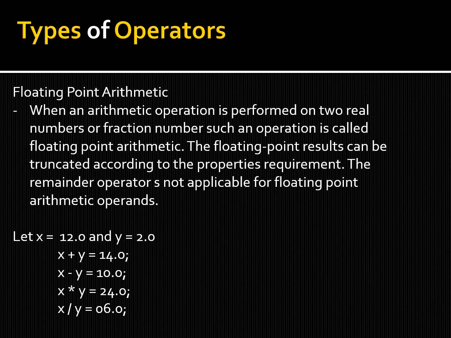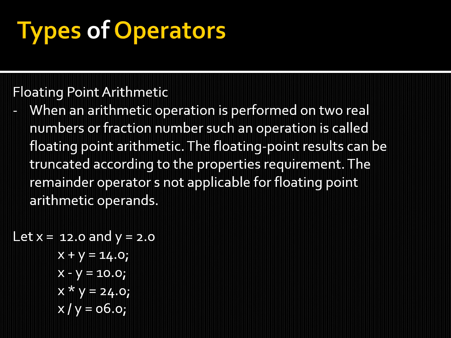Floating point. When an arithmetic operation is performed on two real numbers or fractional numbers, such an operation is called floating point arithmetic. So the floating point result can be truncated according to the program's requirement. The remainder operator is not applicable for floating point arithmetic.